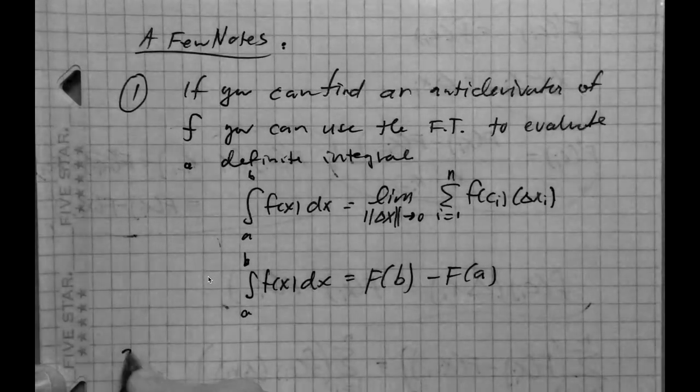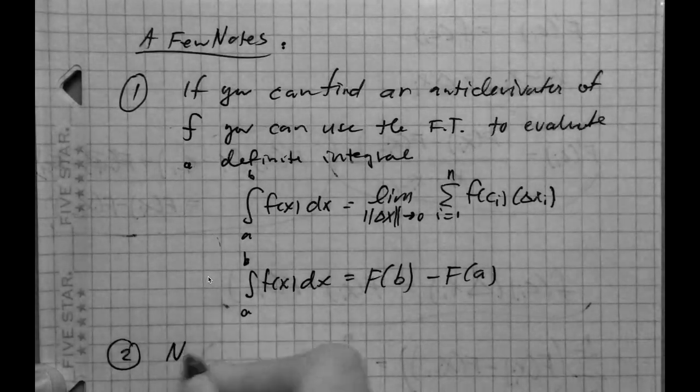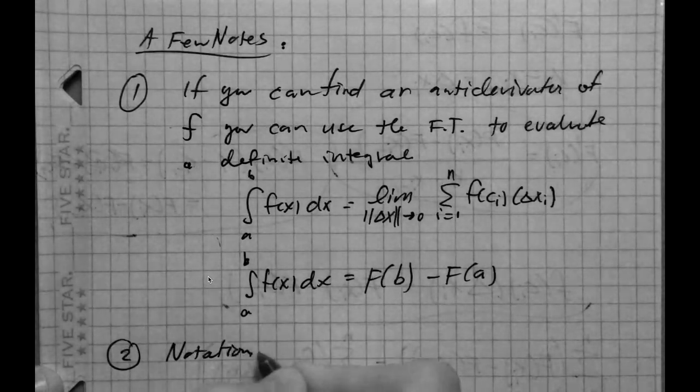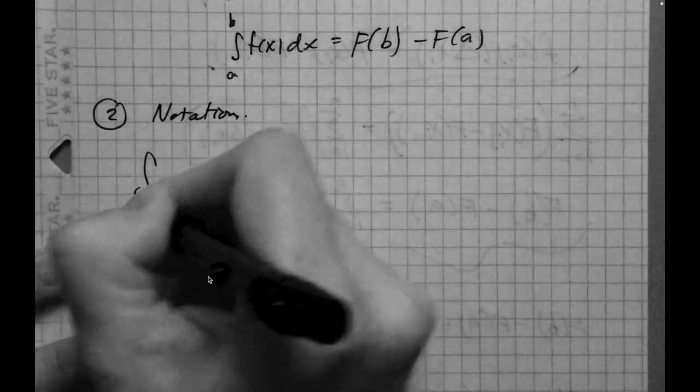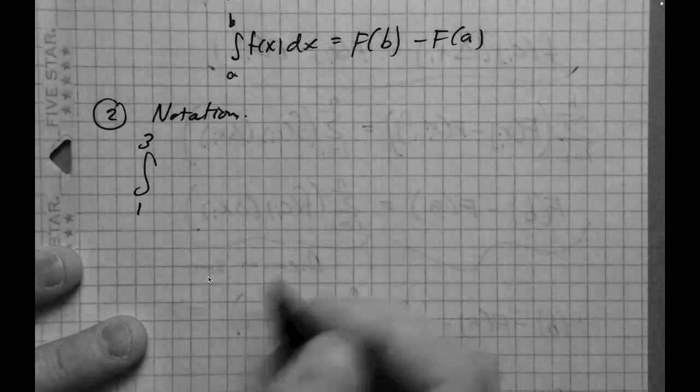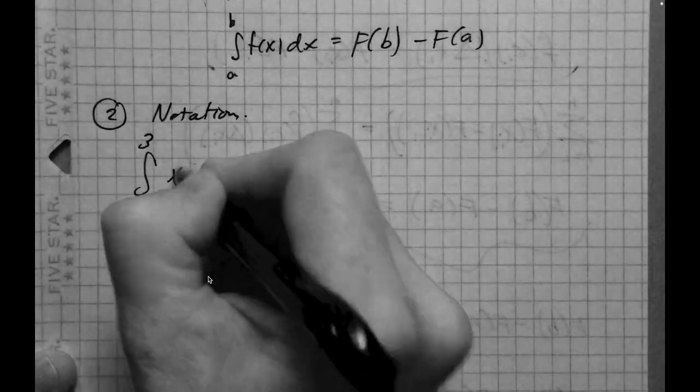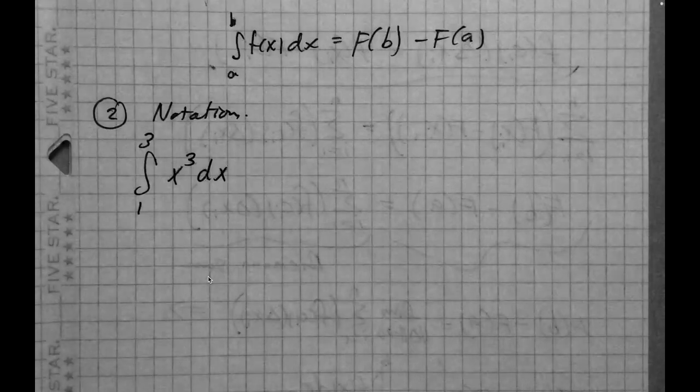So let's see an example, and this will be the second issue, the notational issue. How do we notate this as we're doing it? Let's do a simple example. Say we want to evaluate the integral from 1 to 3 of x cubed dx.